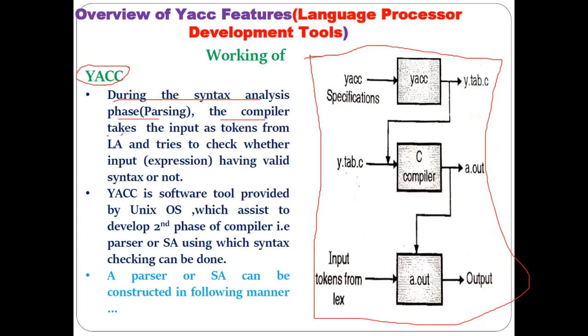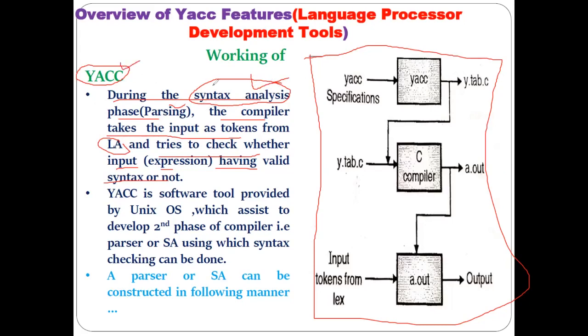The role is to take the input as tokens from the lexical analyzer and check whether the input, be it an expression, a sentence or a statement, has valid syntax or not. That is exactly the work of the syntax analyzer or the parsing, which we already know. Now, in order to generate such a syntax analyzer using some automatic tool, we are discussing these things.